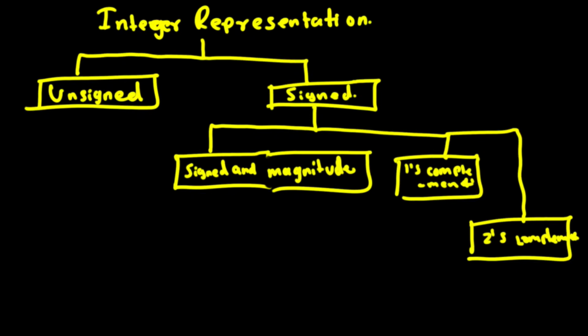Okay. Now let's look at the properties we have to follow. The first one is only one bit pattern per value.